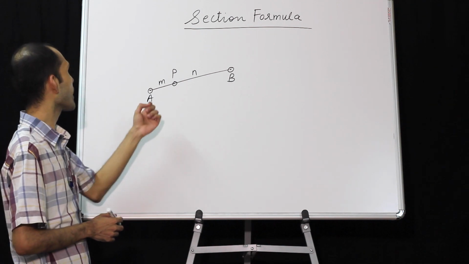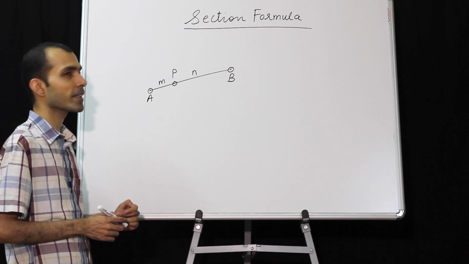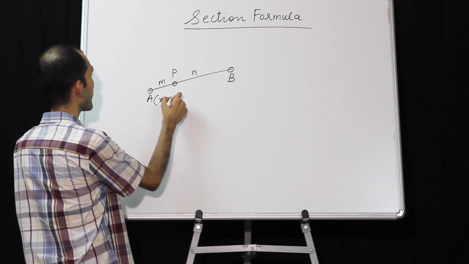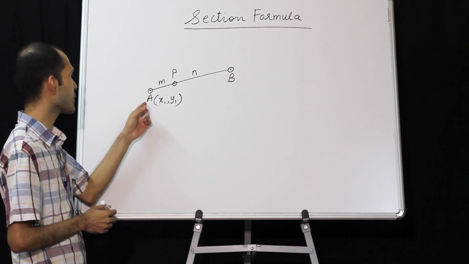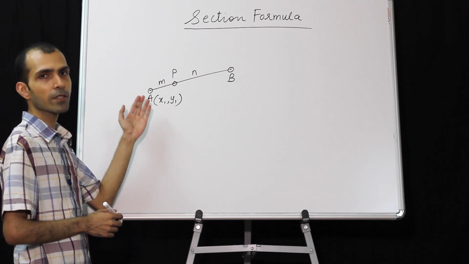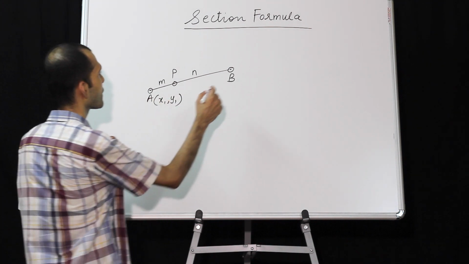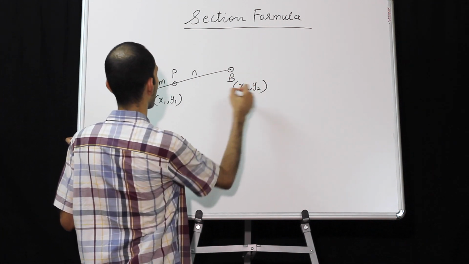Now we wish to find the coordinates of point P under the given conditions. So A is taken as x1, y1, that is x coordinate of the first point and y coordinate of the first point. B will be taken as x2, y2.